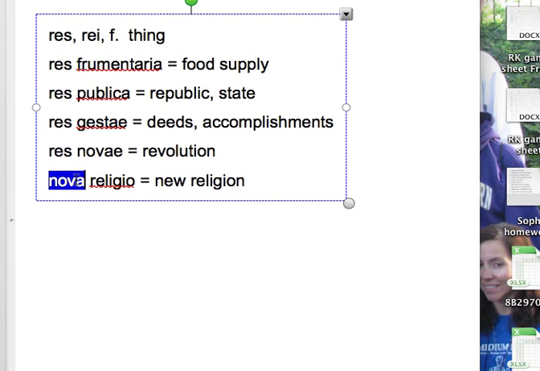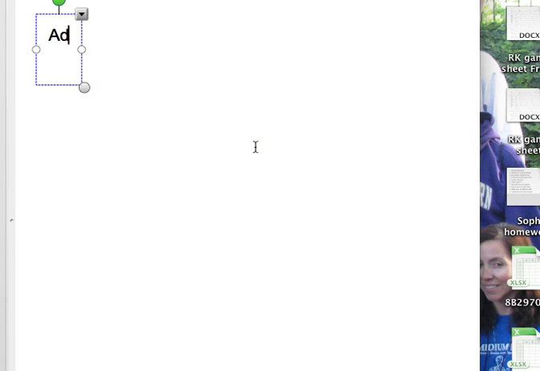When a new religion pops up, they're suspicious of it. Okay, that's just a little gravy there for you, gentlemen. Well, that was fun. Okay, so we've got our versatile word res that means a variety of different things when it's paired with an adjective. These are pretty common expressions. Okay, so there's not much left here. We simply have to talk about adverbs, and we will be done.